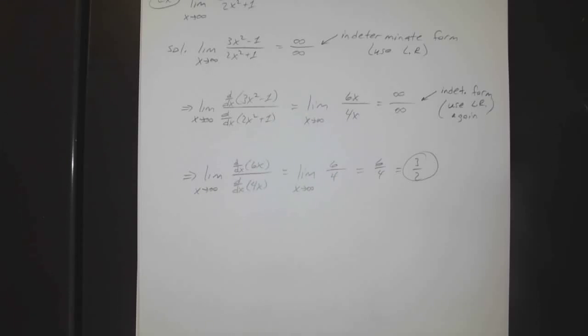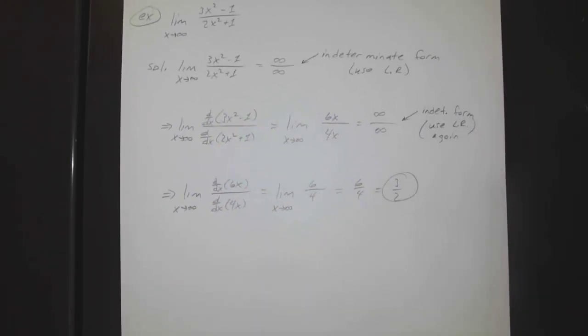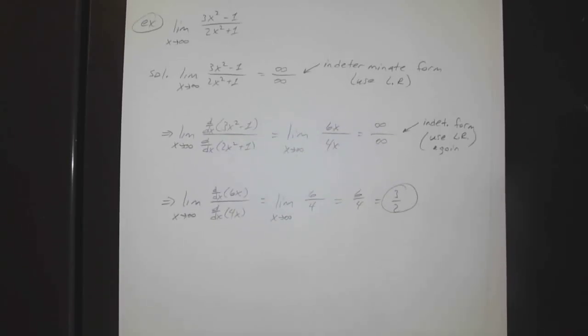Any other questions on this one? I don't know if you'll do an example of this already, but what if instead of 6x, it ended up being 6x squared, but the numerator is 4x?